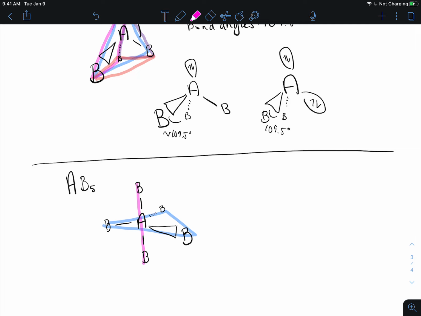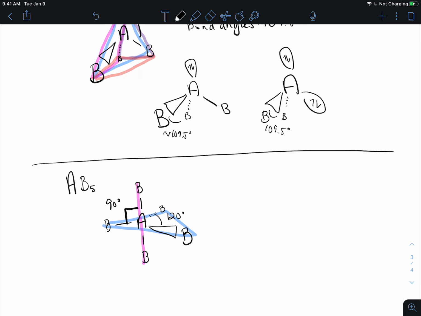So we have some interesting things going on in the structure. Between our atoms, or electron domains, in pink and those in blue, we have 90-degree bond angles. Between blue atoms, we have 120-degree bond angles, and then between our two pink, it's 180 degrees.